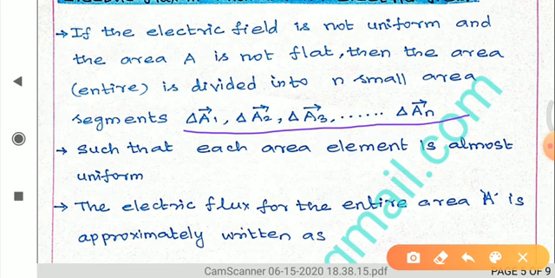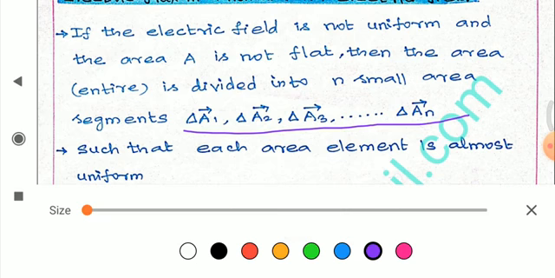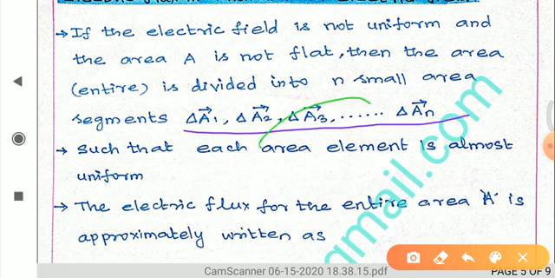Now this small area, already we have discussed. All the small area elements are uniform, although if we consider the entire area, it may be non-uniform. If it is divided into n number of area elements, each small area element is almost uniform.